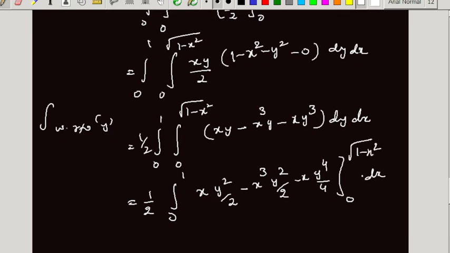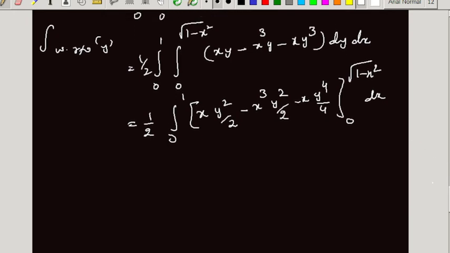Then the answer should be integrated with respect to x. So here 1 by 2 integral 0 to 1. We apply the upper limit. Y square is there, so if we substitute this one, the square root gets cancelled. We can write it as 1 minus x square. Lower limit 0, so we get 0 here.